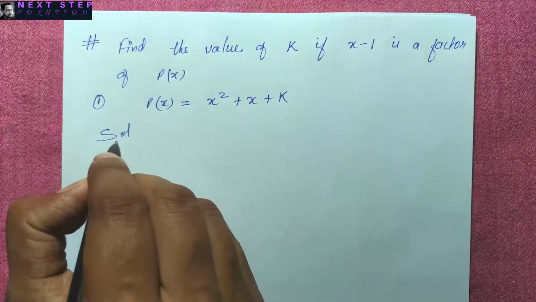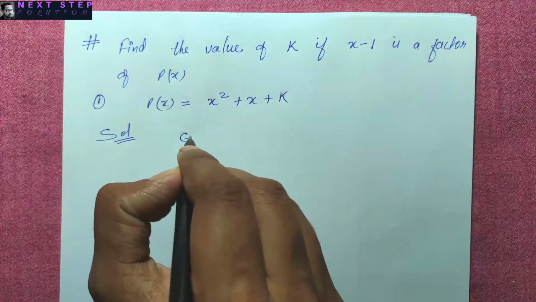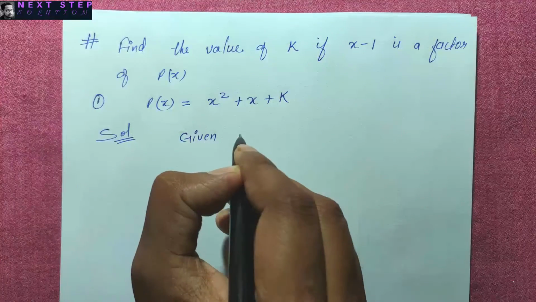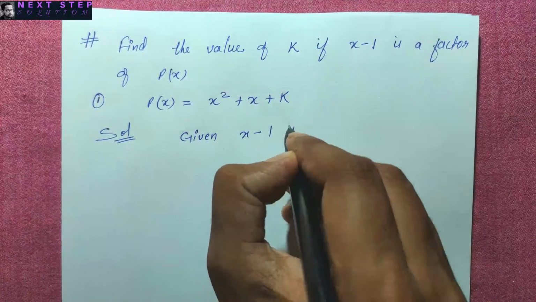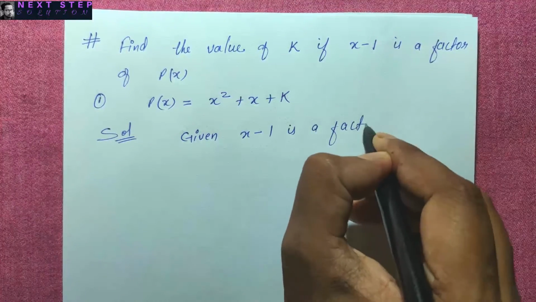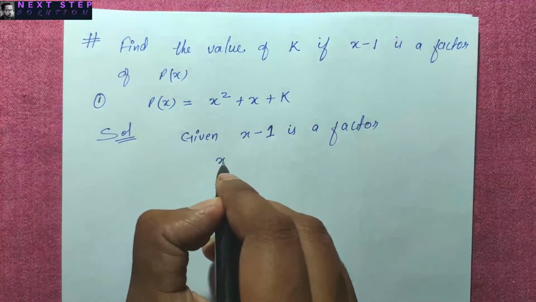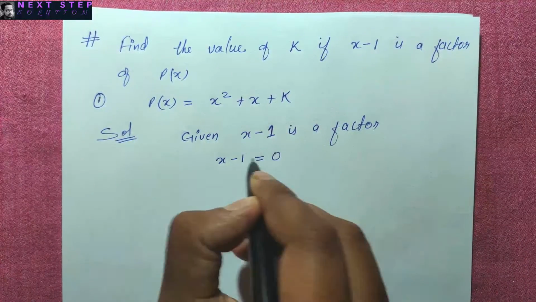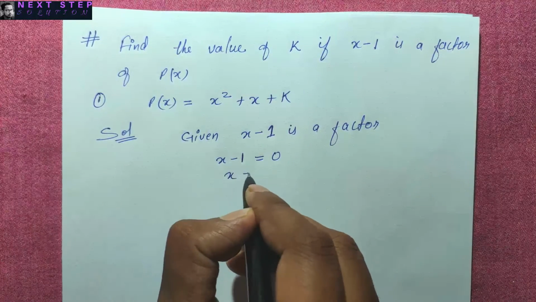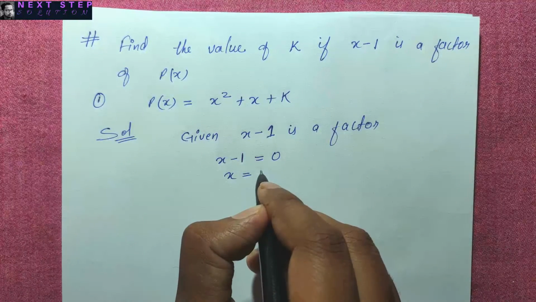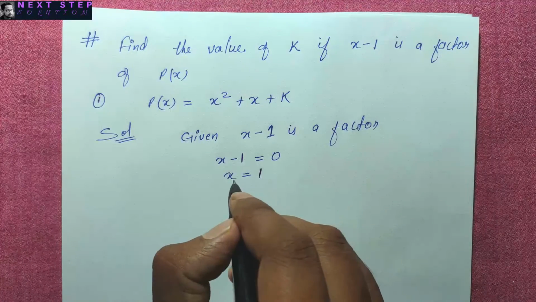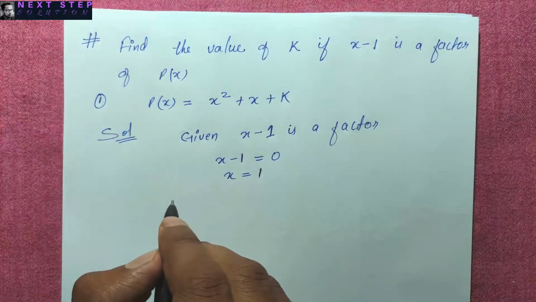Now we already know that x minus 1 is a factor. So if x minus 1 is a factor, then x minus 1 should be equal to 0. We have x is equal to 1, minus 1 comes to the other side, becomes plus 1. Now the value of x is 1. We replace the value of x now.